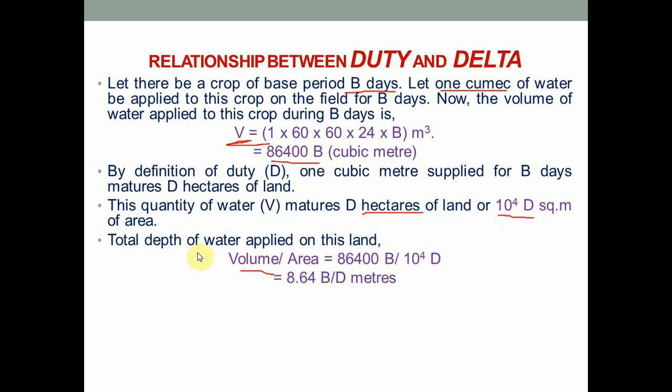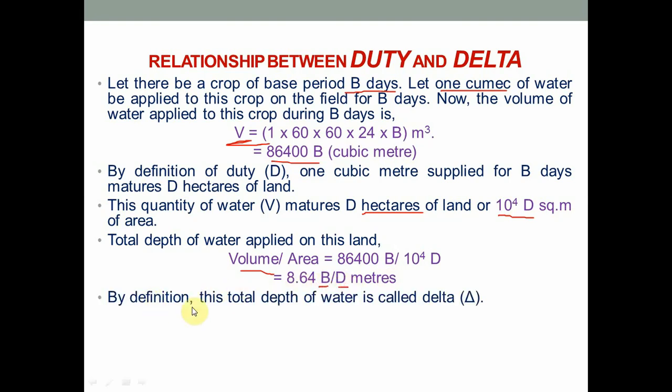So the total depth of water will be 8.64 B upon D meters, where B is the base period and D is the duty of water. Now by definition, this total depth of water is called delta. As we have seen in the definition of delta, it is the total depth of water which is required by the crop for its maturity. So this total depth of water, 8.64 B by D, is nothing but delta.